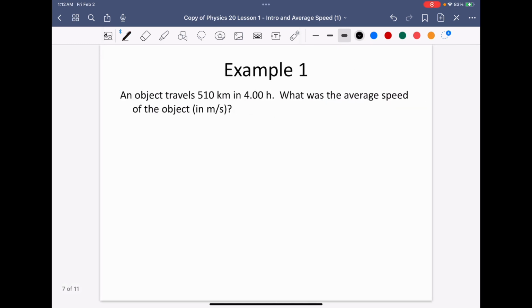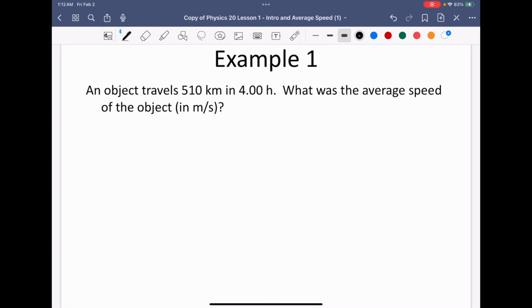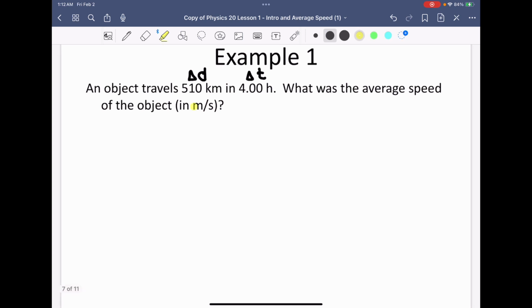All right. Now, in terms of the first example, a pretty simple example, but we're going to put it all together. They say an object travels 510 kilometers in 4 hours. So first of all, they've given us a total distance and a total time. What was the average speed of the object in meters per second? Now that's a really critical thing. They gave us kilometers and hours, but they want it in meters per second.